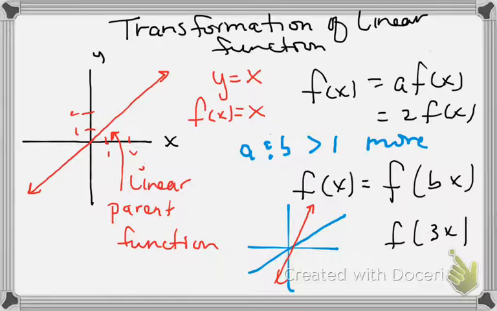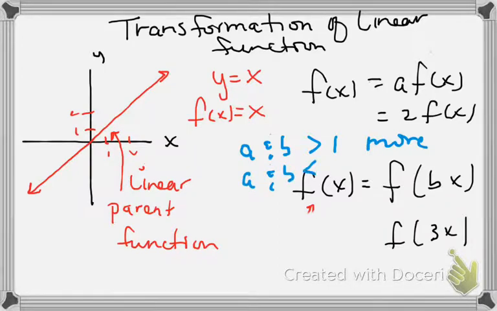Now, if a and b are less than 1, like a fraction or decimal, so between 0 and 1. Let me write it like that because I don't want to say less than 1 when it could be negative.